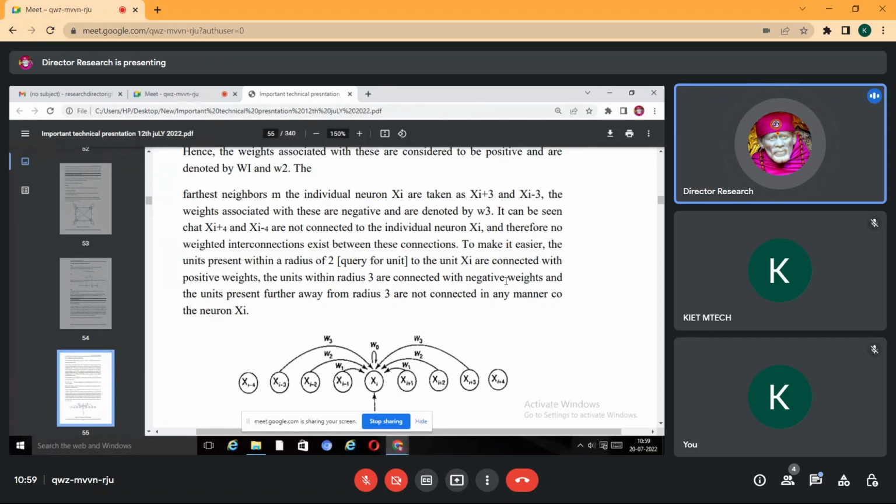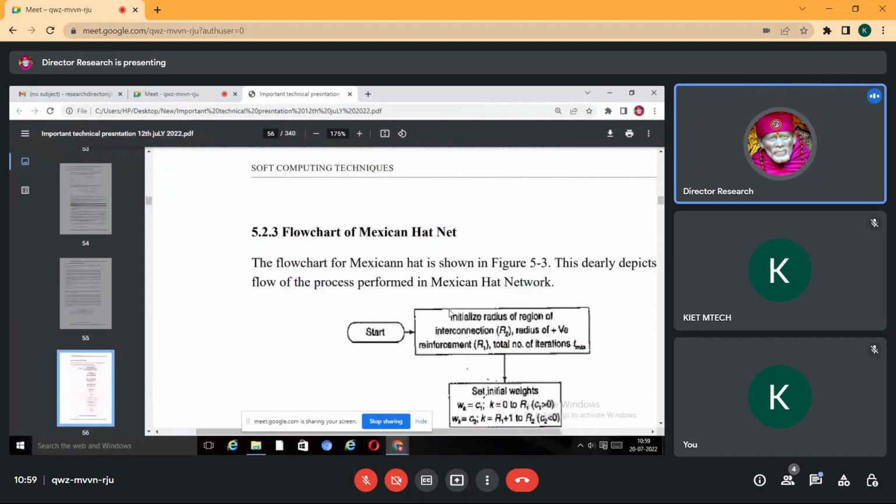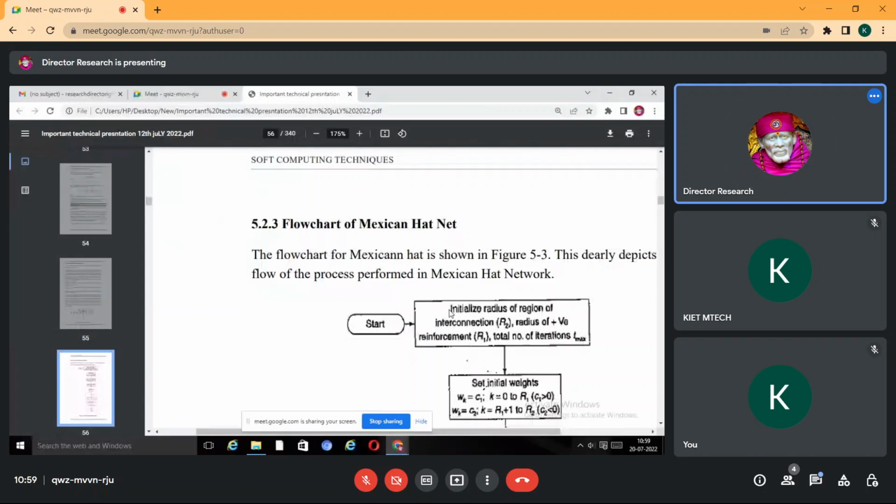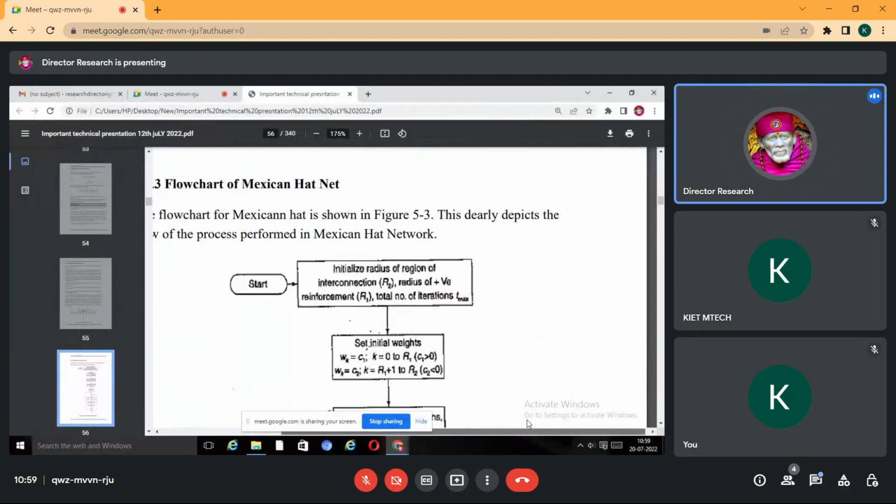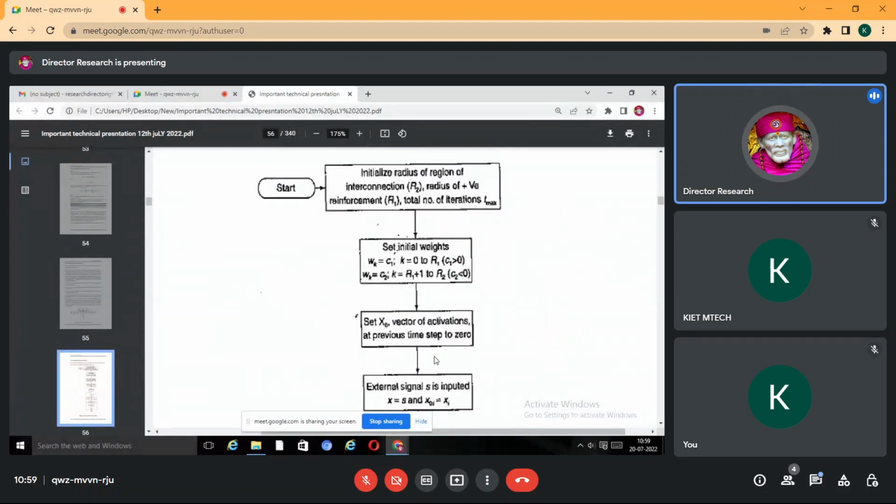Flowchart of Mexican hat net. The flowchart of Mexican hat net is shown in the figure. This clearly depicts the flow of the process performed in the Mexican hat net. Start. Initialize the radius of the region. Interconnection with the radius, and set the weights.